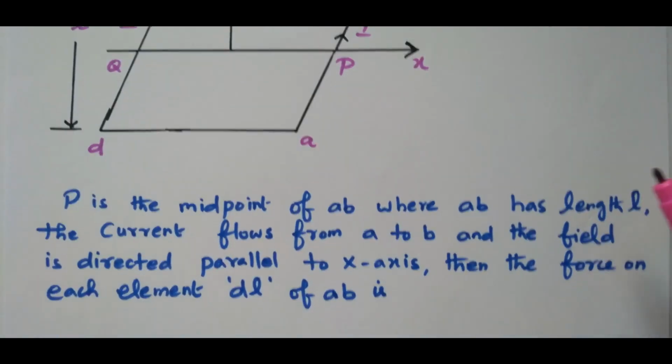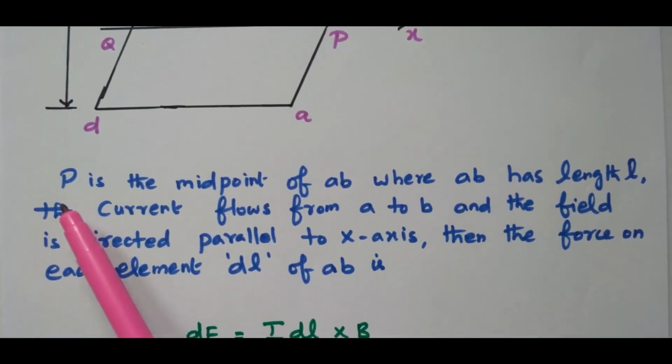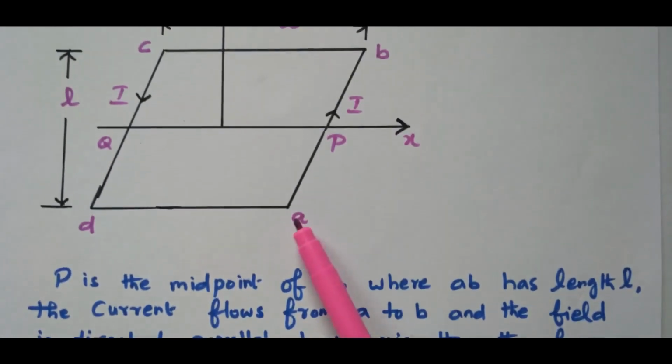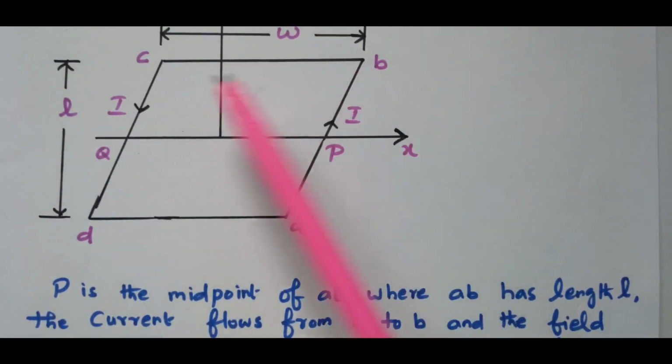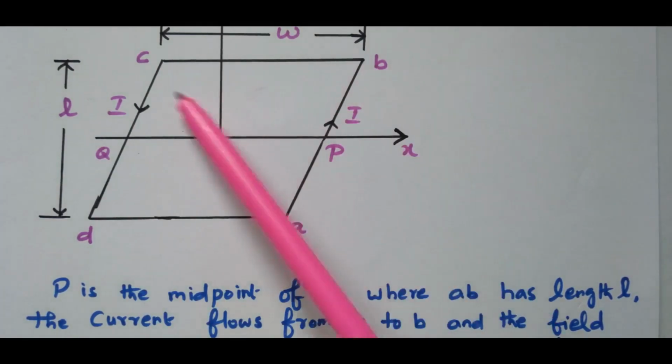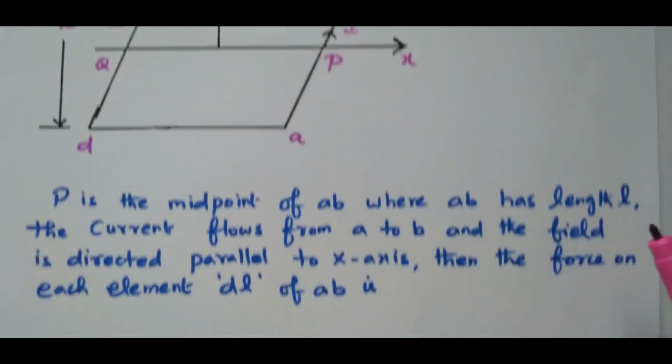Then what is the other description? P is the midpoint of AB, where AB has the length L. The current flows from A to B. In this diagram, the current is flowing from A to B. In the case of C, it is going from C to D. So one current is going upward, the other current is going downward.